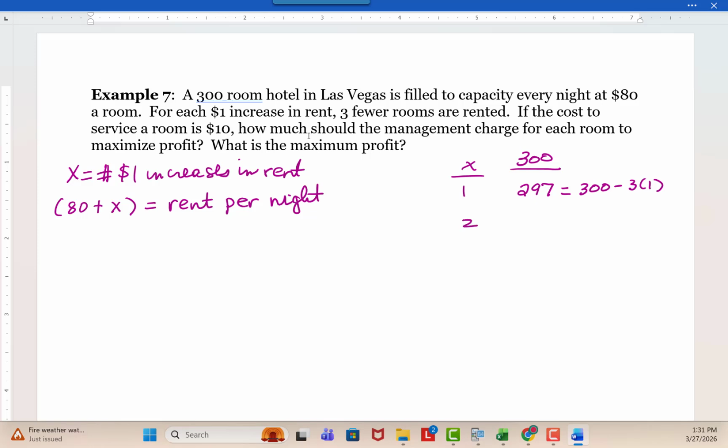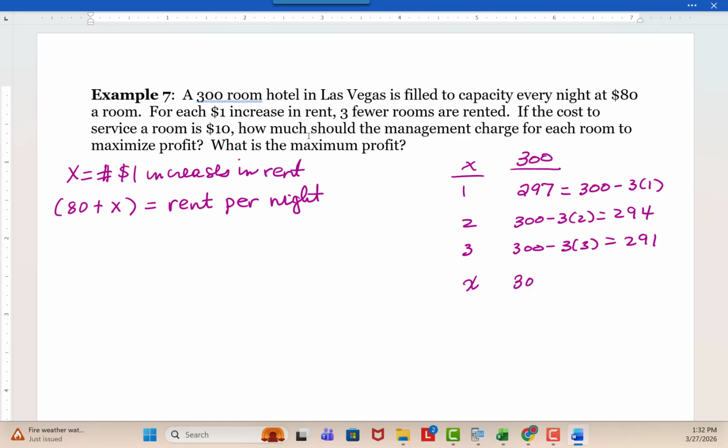And if we got 2, it's going to be what? 300 minus 3 times 2, or 294. If we got 3, it's 300 minus 3 times 3, so 291. So if we have x $1 increases, then how many rooms do we have?